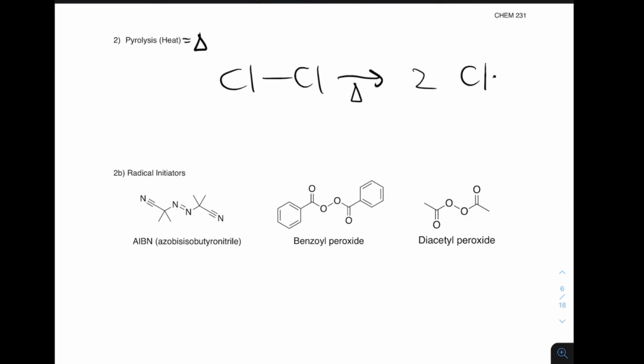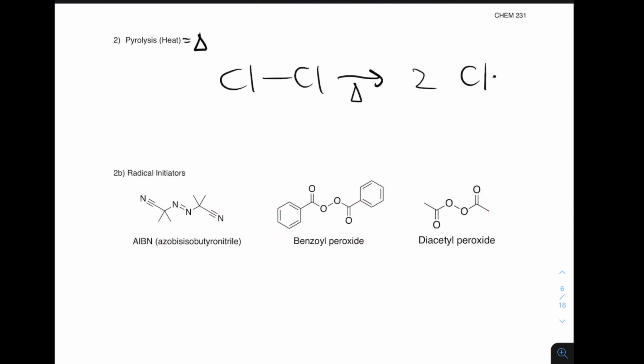And so that happens through a couple different ways. With just heat, you don't always end up getting a radical to form. Typically, you have to use something else called a radical initiator. So anytime you see this delta term heat, it'll probably be accompanied by one of these. We don't need to worry too much about how these radical initiators actually work.